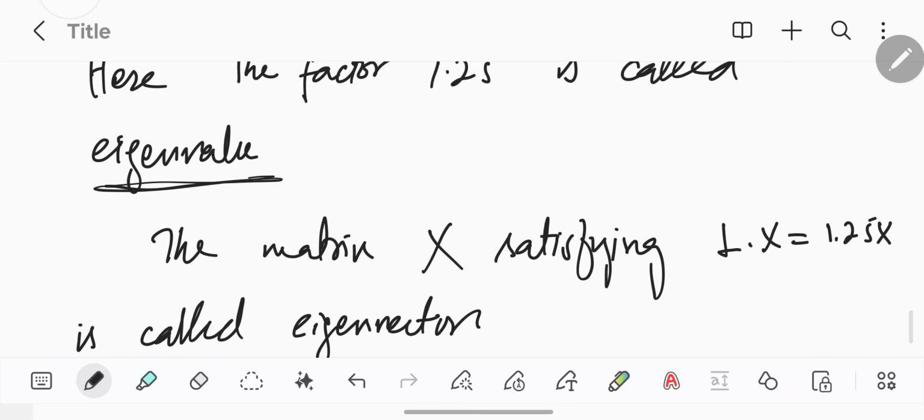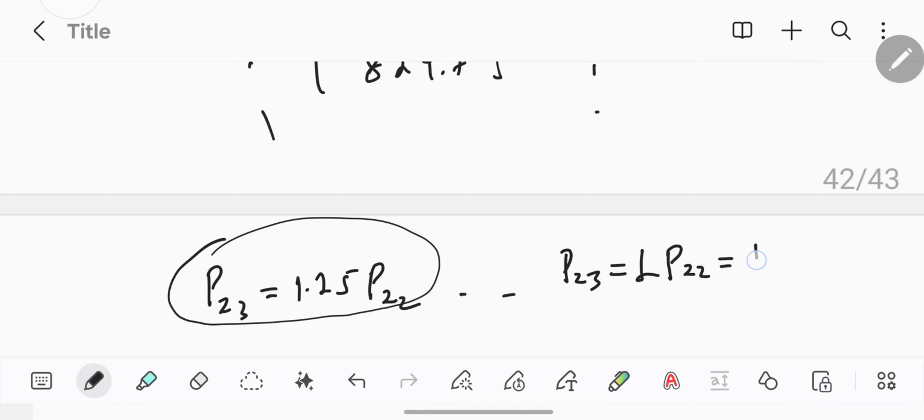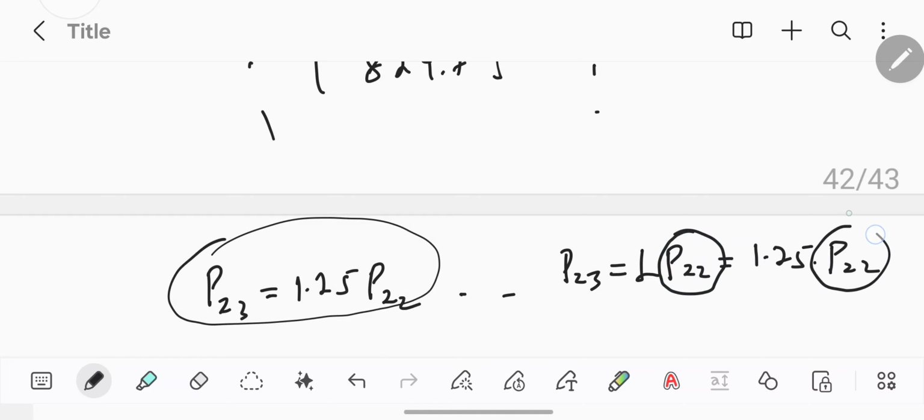If you look at this example, you know what is P23? P23 is L times P22, which is equal to 1.25 P22. So L times P22 is equal to 1.25 times P22. For example, if this is X, this means L times X is equal to 1.25X.